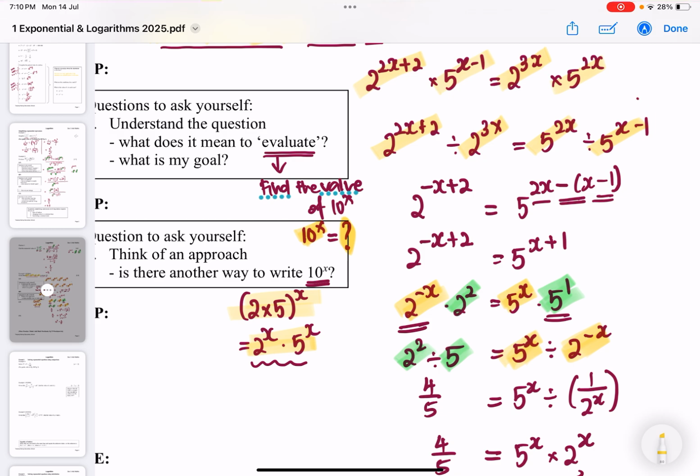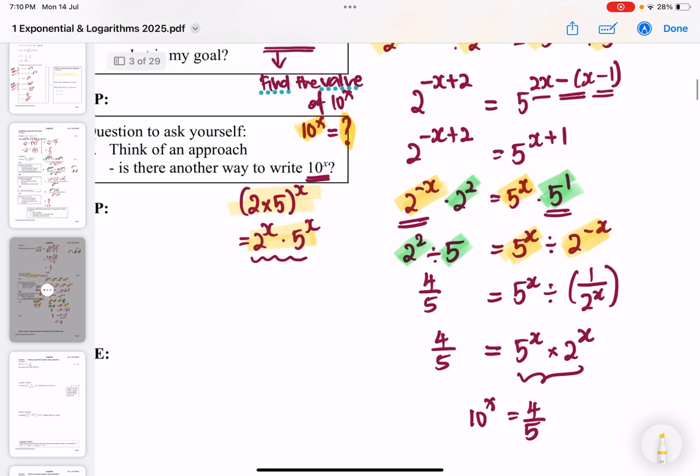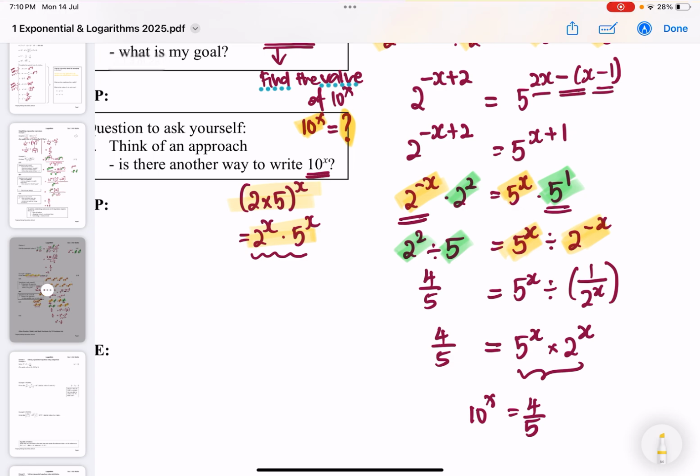The next thing I did was to break away the powers with x on one side and the powers with just numbers on the other side. All the x on one side, all the numbers on the other side. Then, because now we have same power, we can combine these two together using our law 4 from just now. So then that gives us the value of 10 power x.